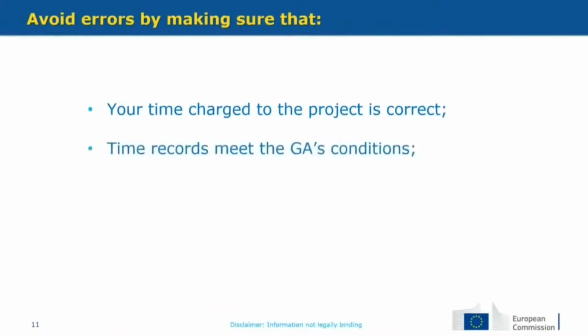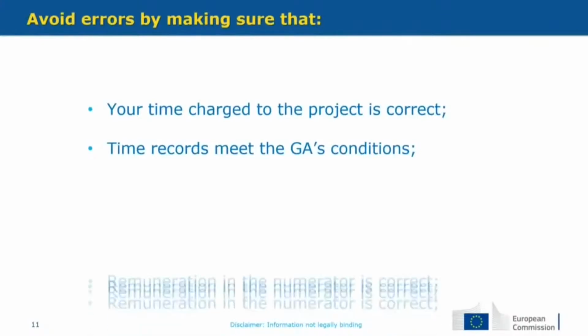You may be amazed, we still find many differences in the time charged in audits. The second advice is that the time records you use meet the grant agreement's conditions. Basically, you have the name of the person working, the signature of the person, the signature of the supervisor, etc. The number of hours worked on the project is very important.